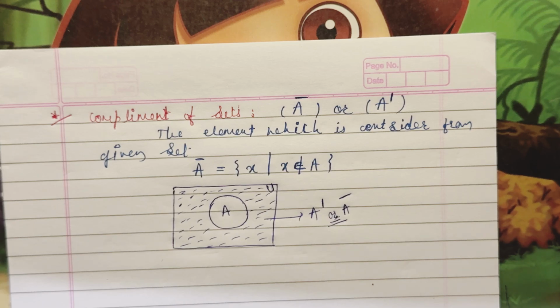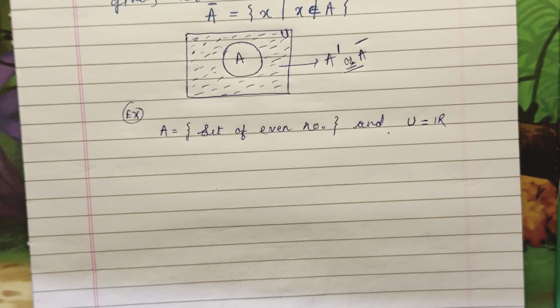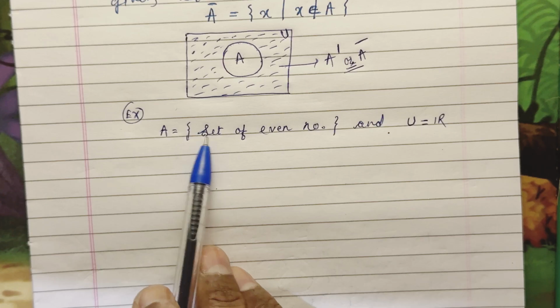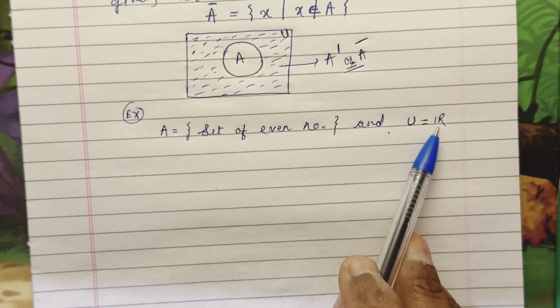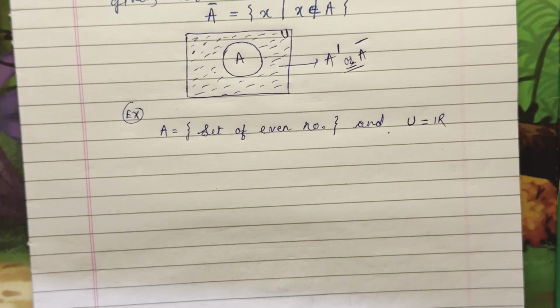In a mathematical way, let me explain with one example. Here, guys, I have taken an example: set A as the set of even numbers, and the universal set I consider as the real numbers. We know that the sets of even numbers and odd numbers are subsets of the real numbers.